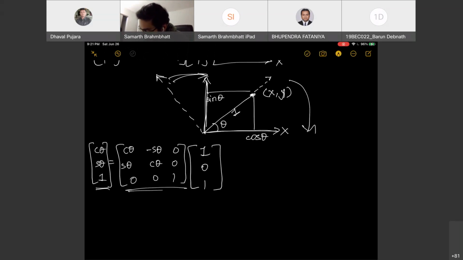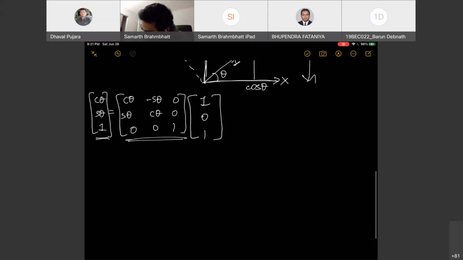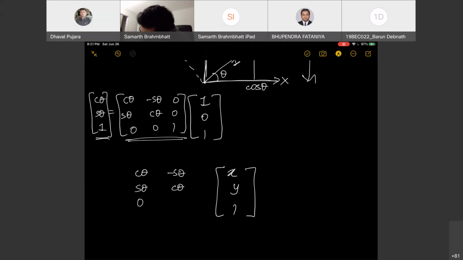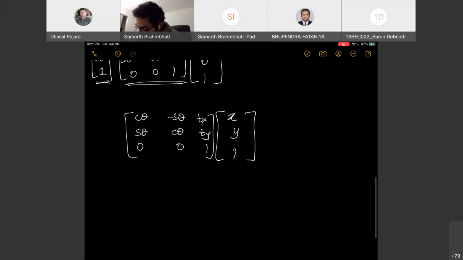Again, this transformation can be represented by a 3 by 3 matrix. And similarly, you can have a general point x y 1 with some rotation and also some translation.